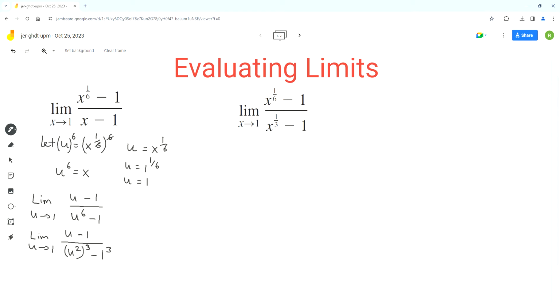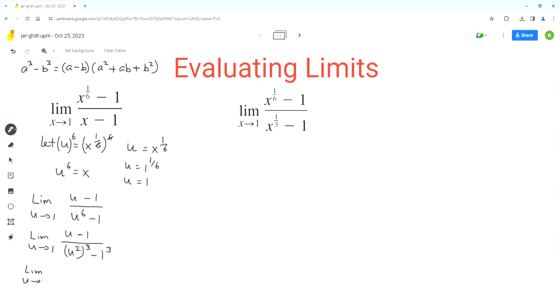Now we can use the difference of cubes factoring method. So I'll share the formula with you. The formula for difference of cubes is a cube minus b cube equals a minus b, parentheses a square plus ab plus b squared. So we can use that to simplify the denominator.